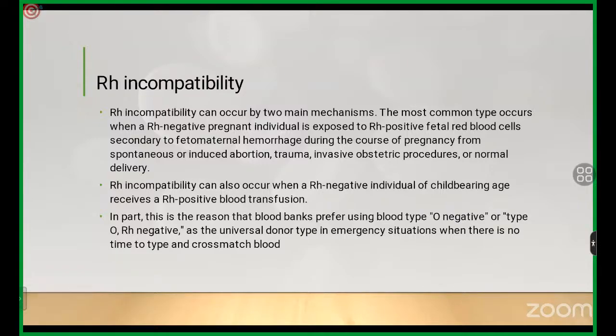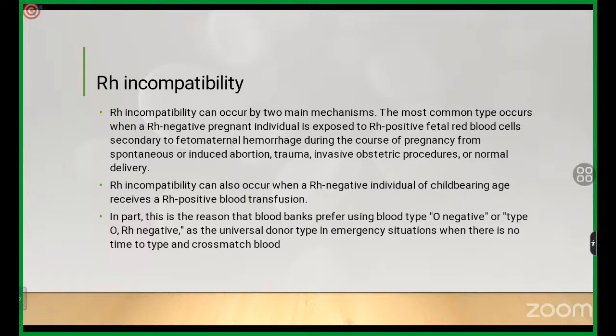RH incompatibility can occur when a rhesus negative individual of childbearing age receives an RH positive blood transfusion. In part, this is the reason that blood banks prefer using blood type O negative, or blood type O rhesus negative, as a universal donor in emergency situations where there is no time to type or cross-match blood.